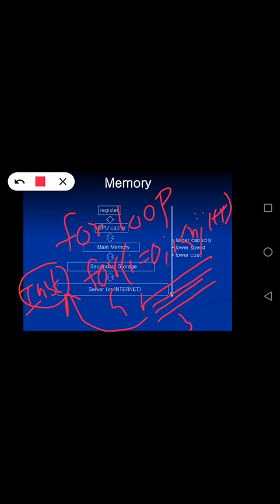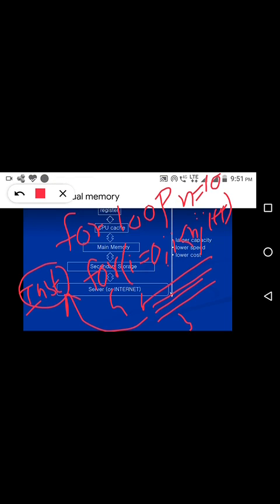So it is very advantageous to store such instructions in cache memory, because anyway the processor has to execute those bunch of instructions for n minus 1 iterations. Let us take the n value as 100.